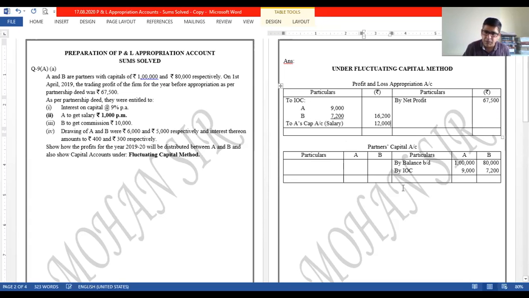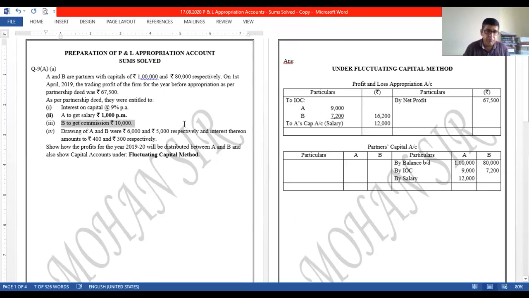Now again, because the partner is going to get a credit, come to partners' capital account on the credit side, by salary to A, rupees 12,000. Next is commission. B is to get a commission of 10,000. Now giving commission to B is again an appropriation.